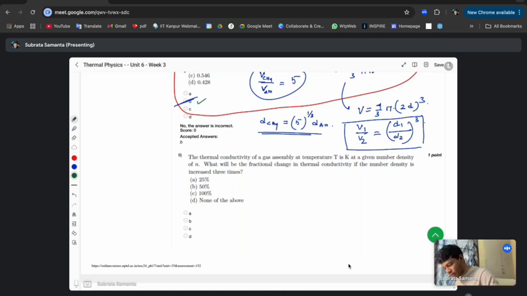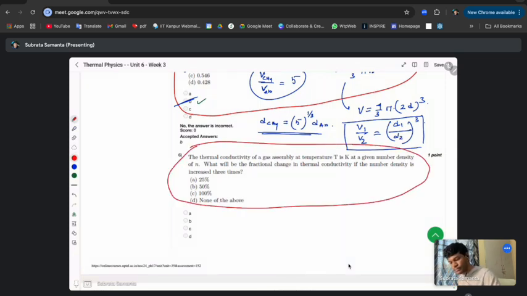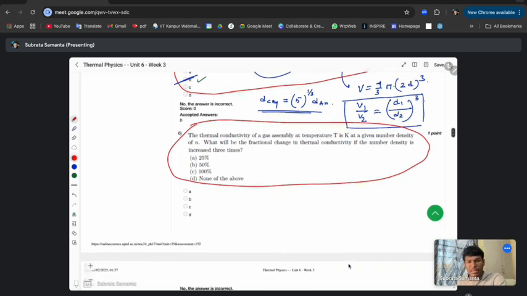The thermal conductivity of a gas assembly at a temperature T is K at a given number density N. What will be the fractional change in thermal conductivity if the number density is increased 3 times?